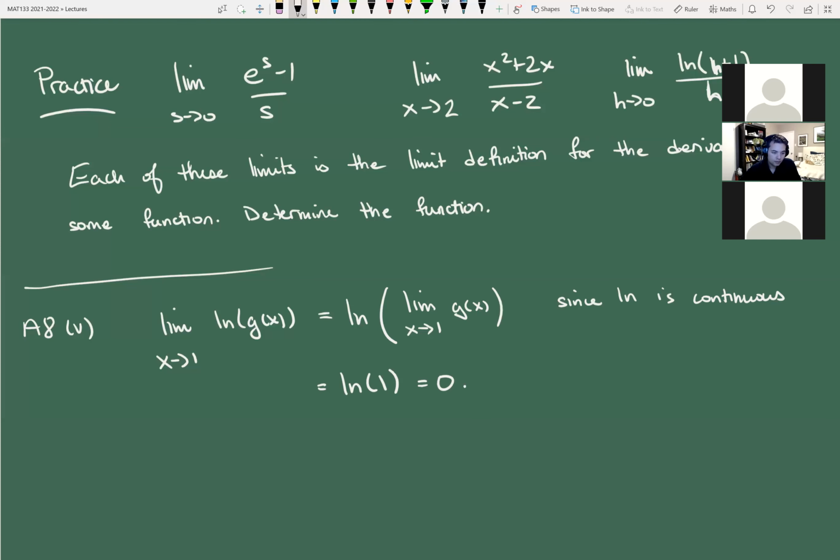Does that make sense? I don't quite know what you mean about bringing the exponent down. It's not that you're going to, like, here, think about it like this. So e to the f of x is the same thing as, maybe let me write this differently.